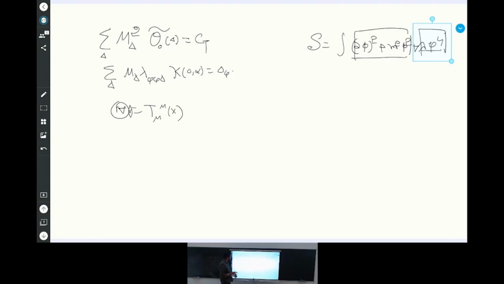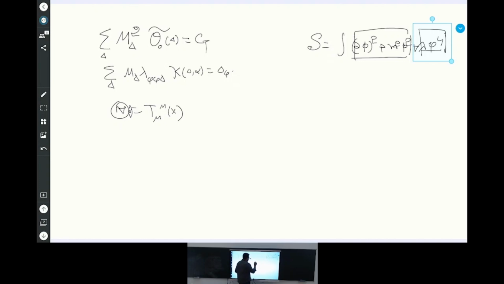By using the Ward identity, one can derive this, and then looking at the short distance limit, one can derive this functional. That's why it's related to CT, because you have to look at this short distance limit. But now I have a complete setup, and I can do a bootstrap by mixing this boundary correlator and this bulk trace of the stress tensor. The last part that I will describe is something about that.